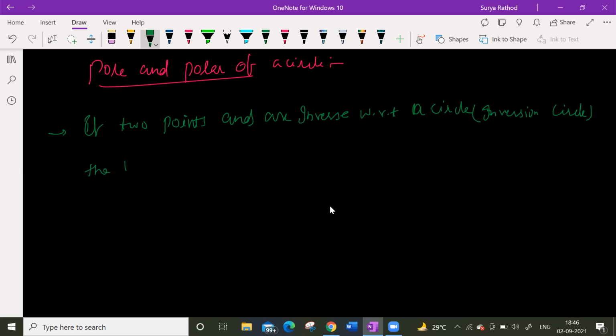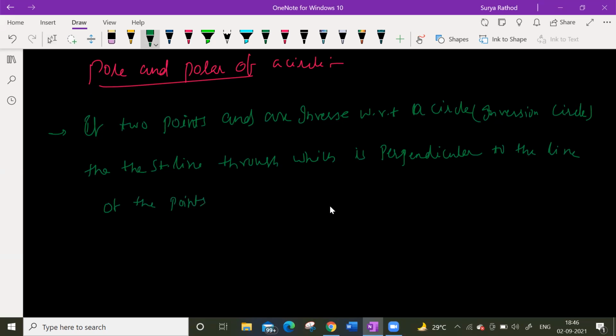Then the straight line which is perpendicular to the line of the points is called the polar. What is the definition, sir?